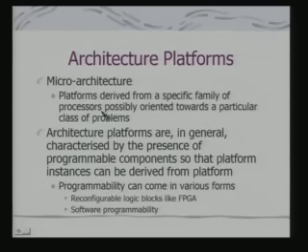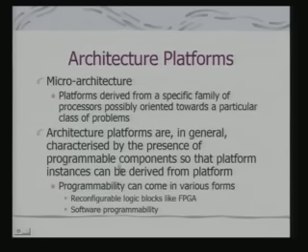It can be an ARM family, it can be even other processors like your PIC family. Many of these platforms are characterized by presence of programmable components, so that platform instances can be derived from the platform.